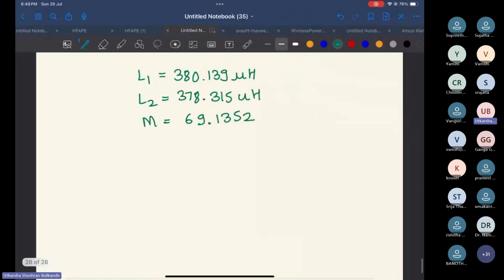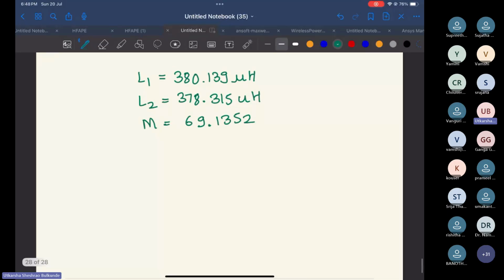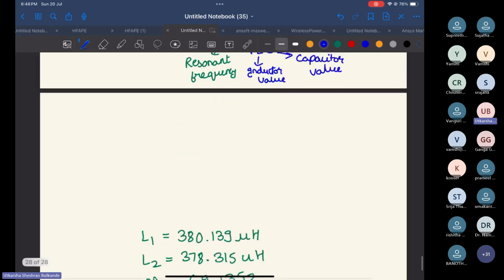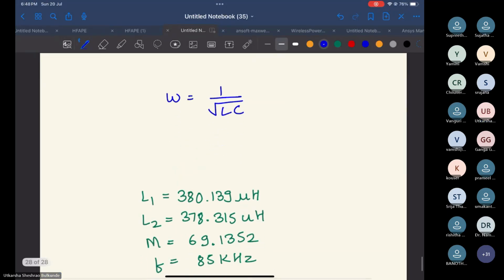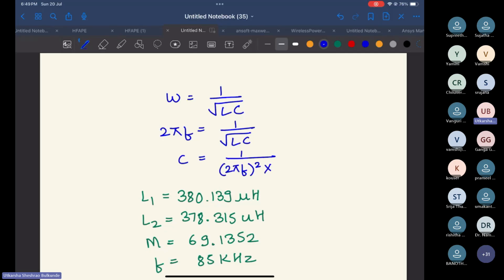So this value we got from simulation, right? I told you my frequency is 85 kilohertz. I told you the formula to calculate capacitor value: omega equals 1 upon under root LC. Just substitute it. So for C, it will be 1 upon 2 pi F square into L1.